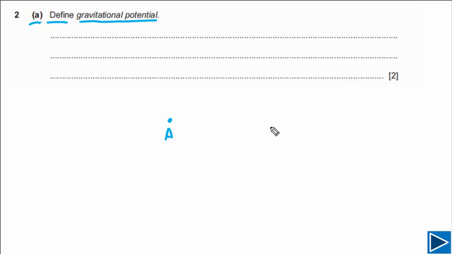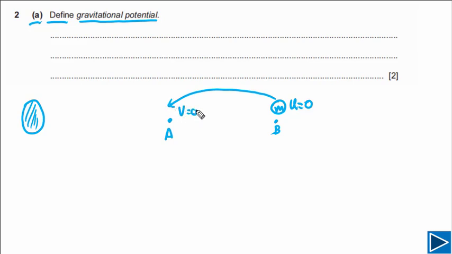Imagine that we have 2 points. Let's say we have point A and here we have point B. You can also imagine that this is our planet. So these 2 points are in a gravitational field. Now, if we place a unit mass at this point and its initial velocity is equal to 0, and we move this unit mass from point B to point A, when it reaches point A, its velocity is again equal to 0.